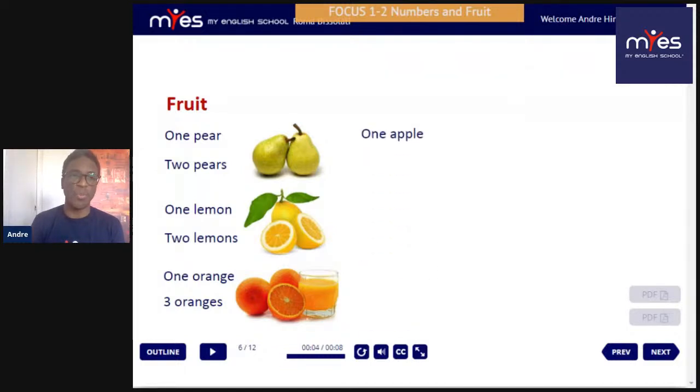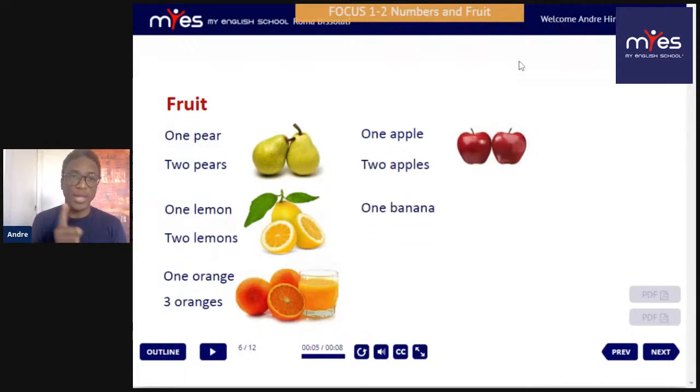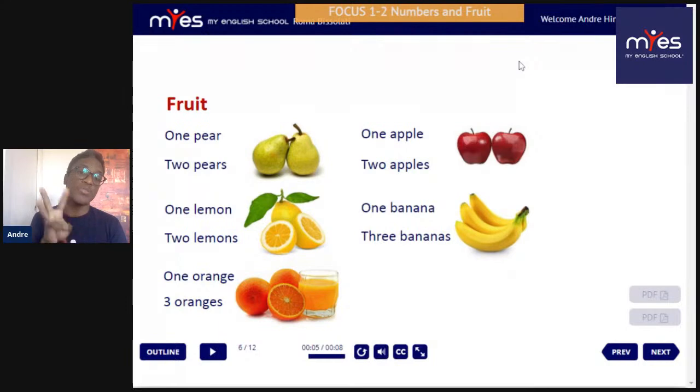So let's continue. 1 apple, but how many in the plural? You've got 2 apples. Always pronounce the S. 2 apples. You've got 1 banana. There is 1 banana, but there are 3 bananas. With the S, plural. 3 bananas.